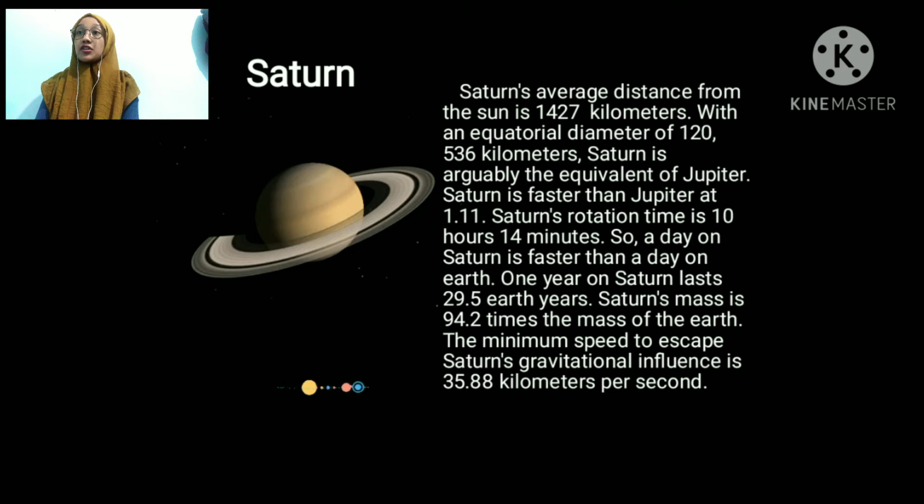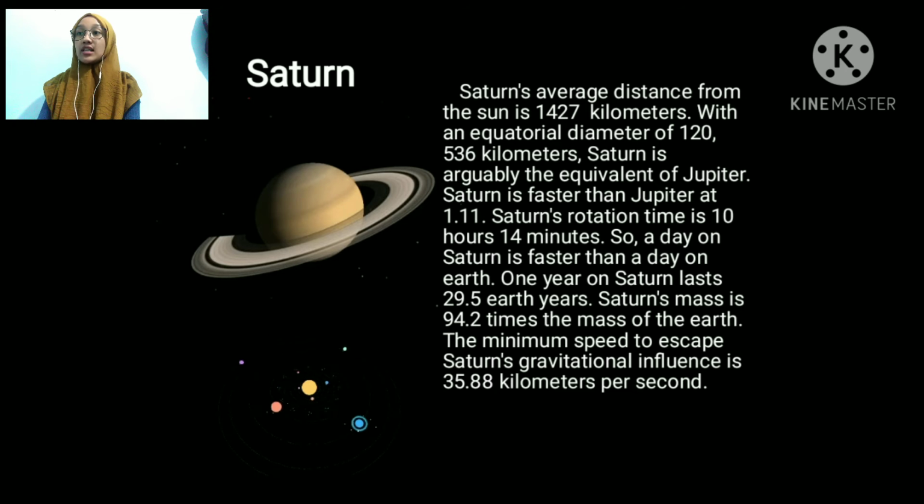Saturn. Saturn's average distance from the Sun is 1,427 million kilometers. With an equatorial diameter of 120,536 kilometers, Saturn is arguably the equivalent of Jupiter. Saturn rotates faster than Jupiter at 1.11.